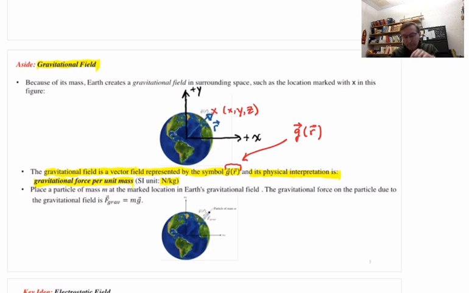Okay, now that gravitational field vector, I'm now going to draw it. I'm going to erase the R arrow because there's too much going on there. The gravitational field vector at the point marked with an X is a vector quantity that points directly towards Earth's center. Gravitational fields for spherical objects like Earth always pull directly towards the center, always point directly towards the center.